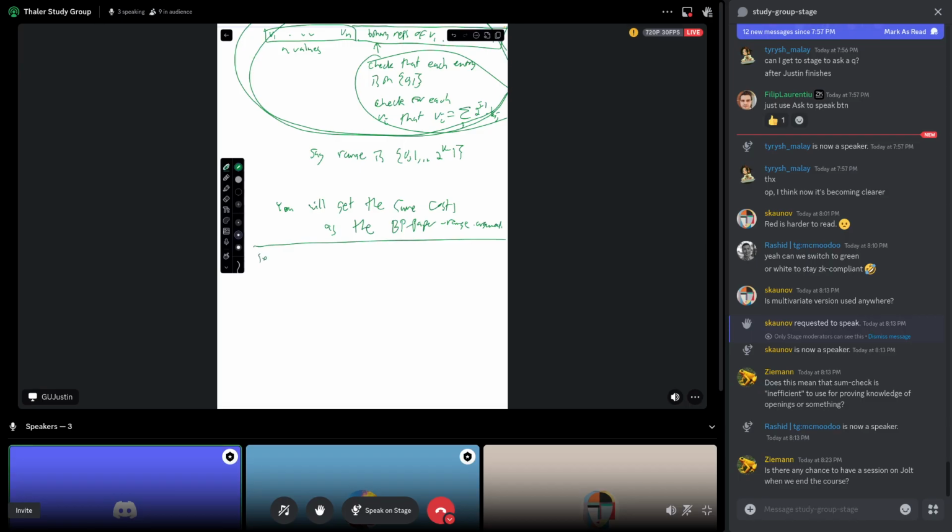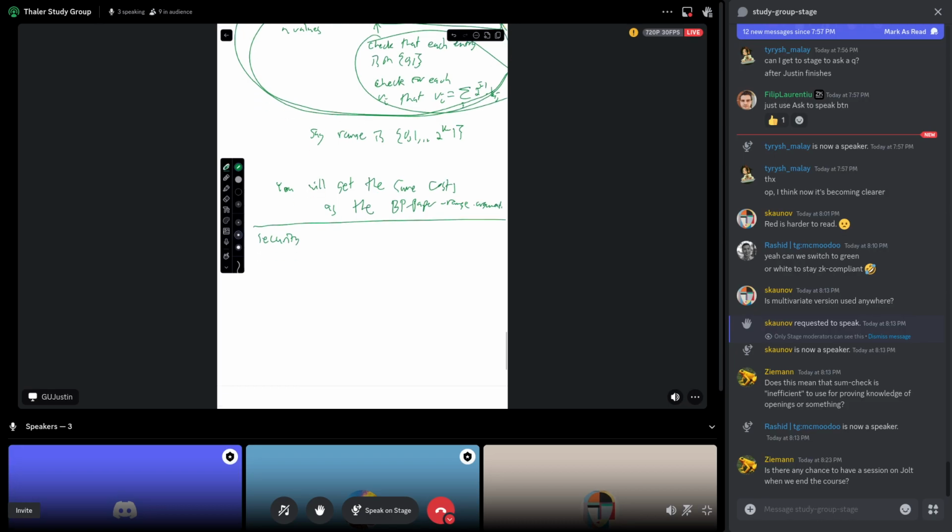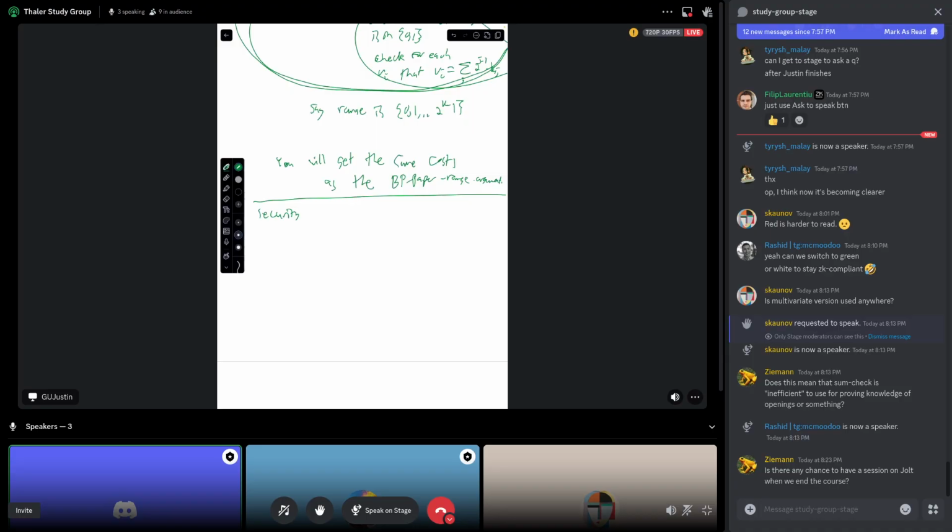Okay. Let's talk about security then. I'll try to keep this brief. Okay, so we're like an hour and a half in. Try to keep this as brief as I can. So the security analysis proceeds in two steps, and those two steps are closely analogous to, they're just more complicated versions of how we showed Schnorr's Sigma protocol is secure.